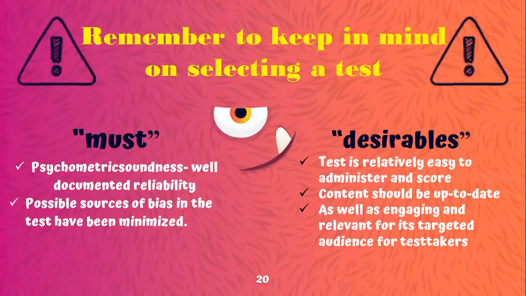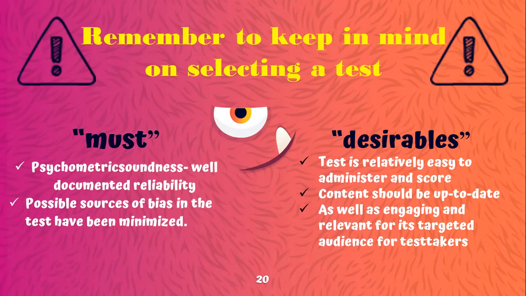So remember to keep in mind on selecting a test, what are the musts. First, the must is psychometric soundness, or the well-documented reliability. So kailangan dyan, if mag-select ka og test, well-documented ang reliability. Of course, kailangan nga reliable ang test nga gamiton for tests sa education sa mga student.